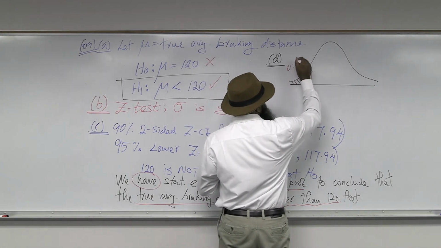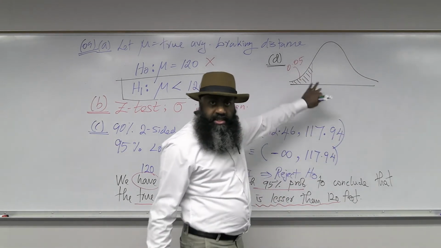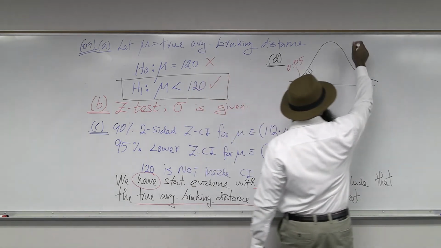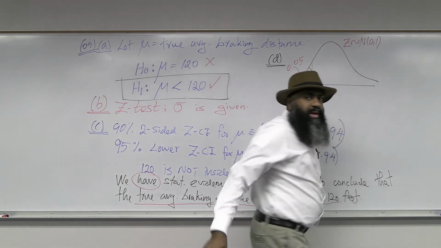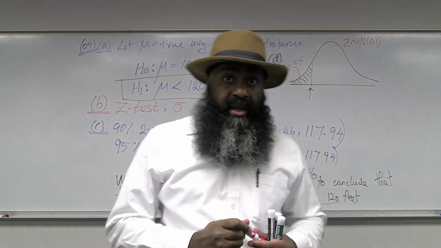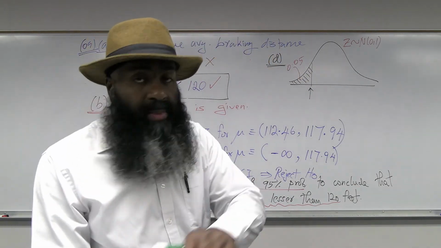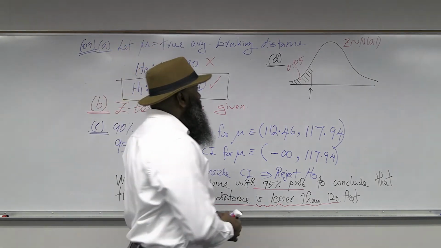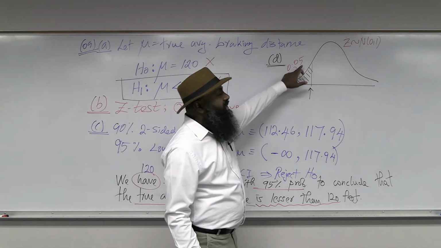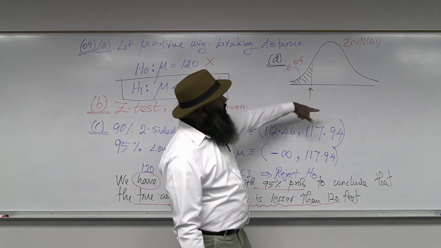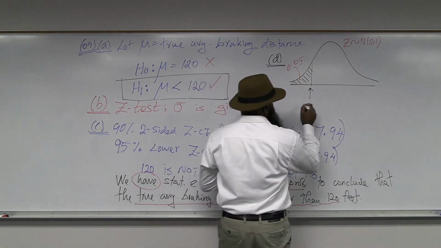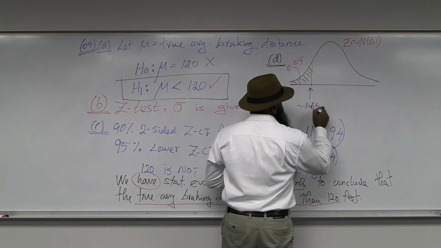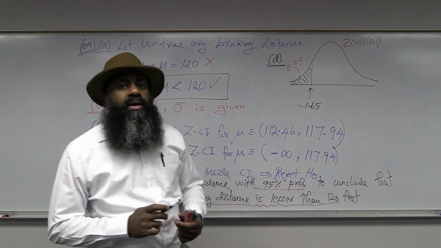This is 0.05, and this distribution is the standard normal distribution, Z normal 0, 1. So you can go to Distributions, select number 3 inverse normal, and enter area as 0.05, mu equals 0, sigma equals 1, then you should get negative 1.65 as your critical value.